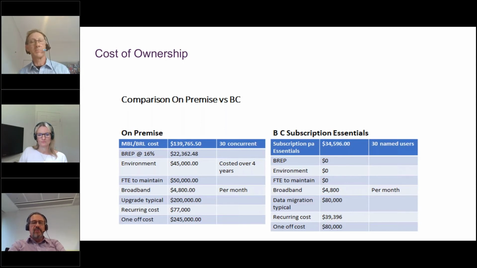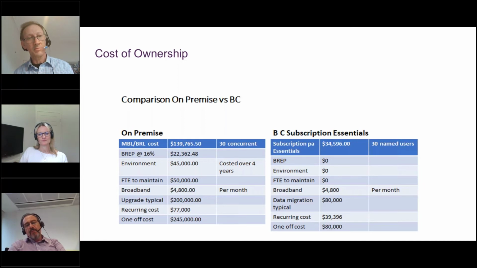So there were a couple of jumps involved. I don't know why it's quite costly. It was a huge amount of customizations that they had. So if you look at the recurring cost there, we've got somewhere in the region of $77,000 and a one-off cost of $245,000. That's a brand new server plus the upgrade.